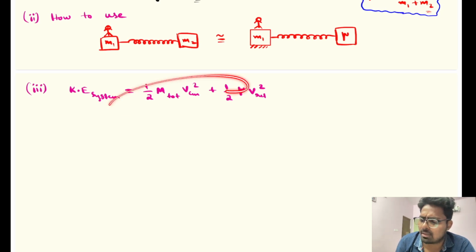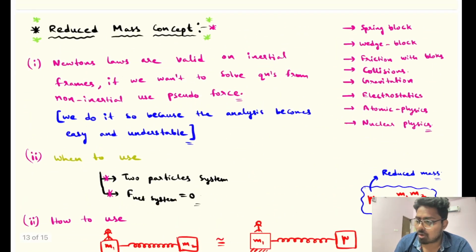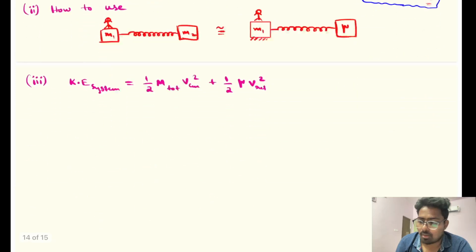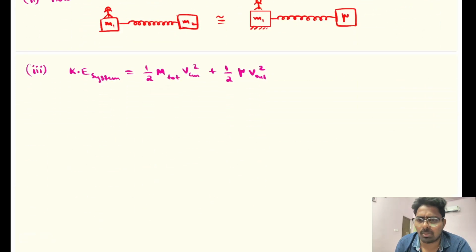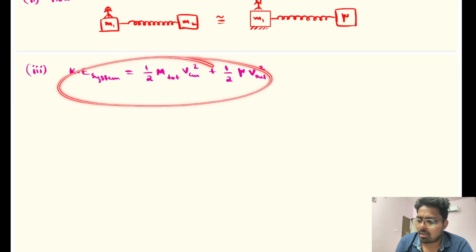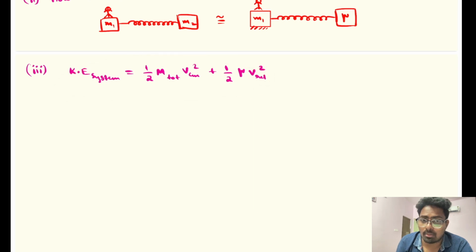It's not a big task, but I'm not going to do the derivation because then the video will become very lengthy, and I want to discuss all these types of models here. It's not a tough one. Believe me, I already solved it. You guys can also take one case and derive this. This derivation is not available in HC, I guess, but these types of derivations you would be seeing in center of mass.